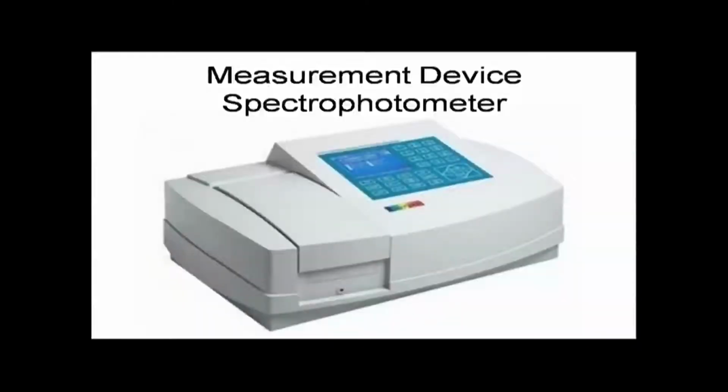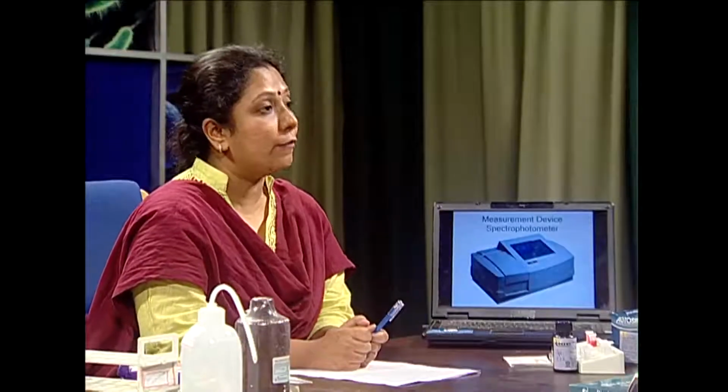This is the device by which the final chromogenic product, quinonimine dye, is measured at the particular wavelength of 505 nanometer, which is actually red in color. It is a device where light is passed through the solution.